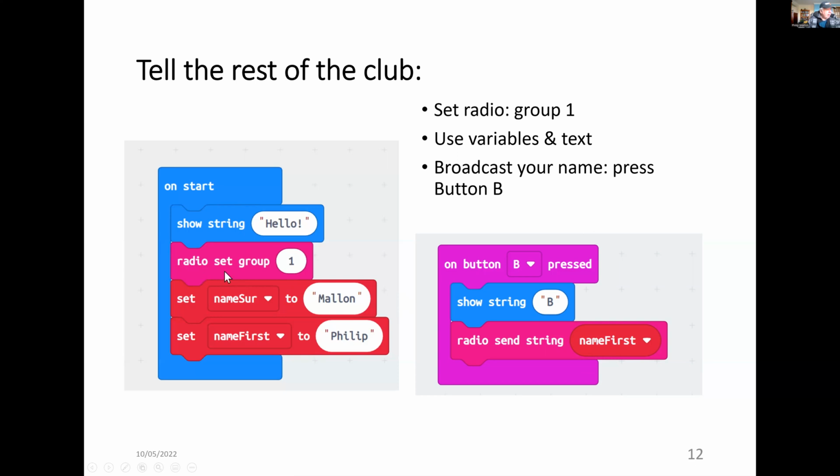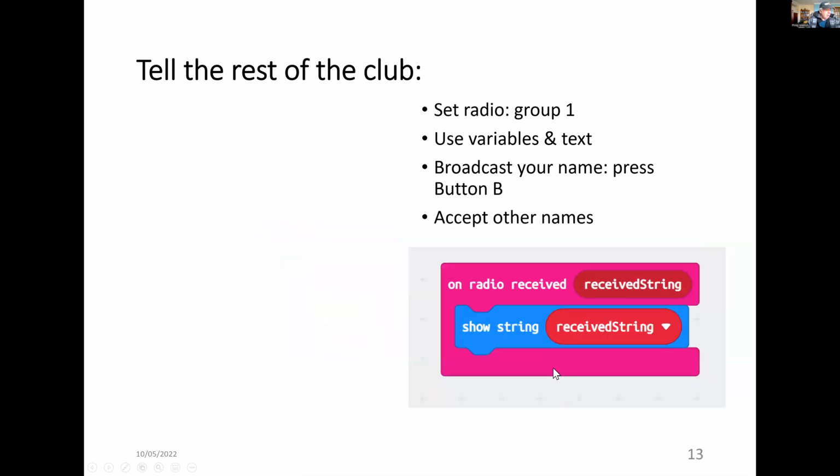We're going to set the radio to group 1. And that's like a channel. Everyone's going to be on the same channel. So when you send that string, anyone that has an additional instruction, so we need another one, and that is on radio receive, we will show the string of what we get.